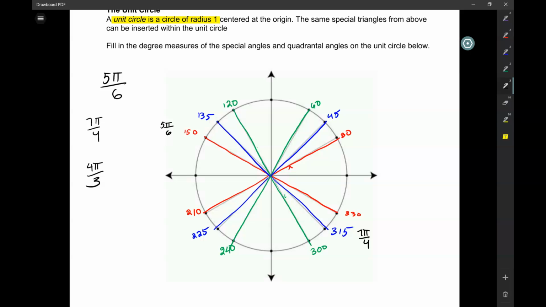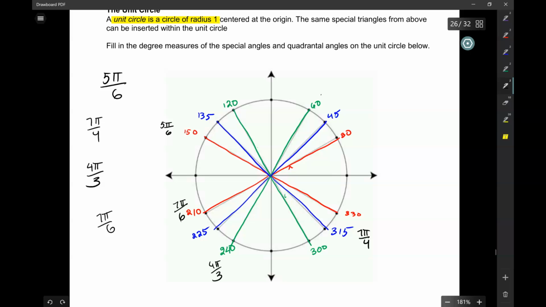Is it 240? Yep. 4 pi over 3. I know what 7 pi over 6 is. Tell me. It's what 210 is. 7 pi over 6, is he right? Yes. 1 pi over 6, 5 pi over 6, 7 pi over 6.